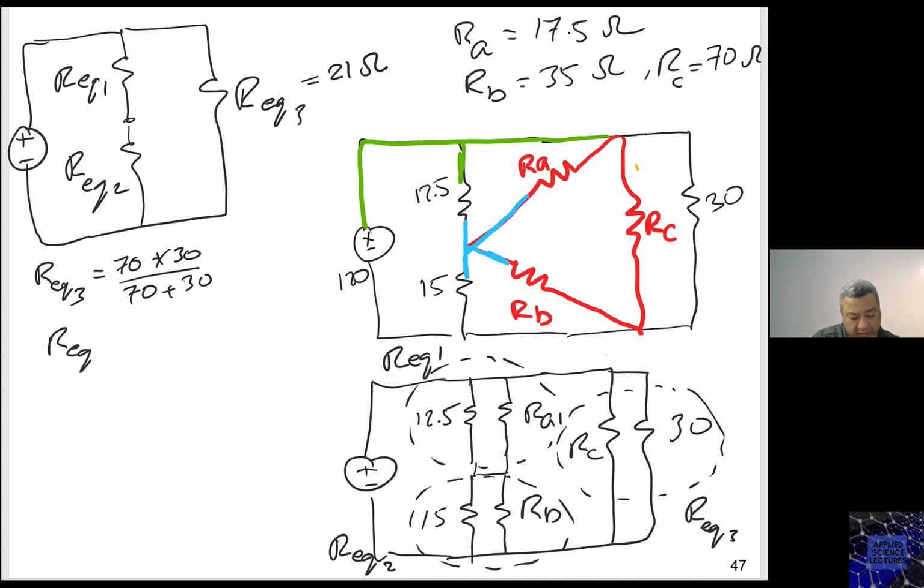R equivalent 2 is 15 times 35 over 15 plus 35.